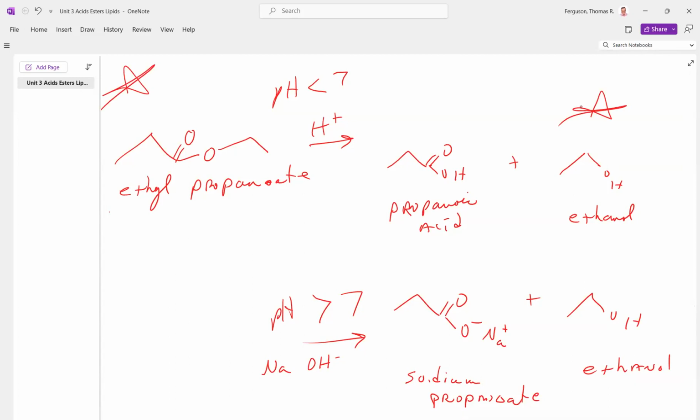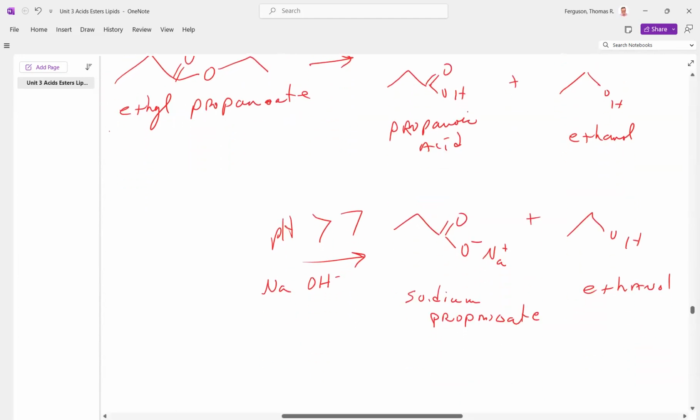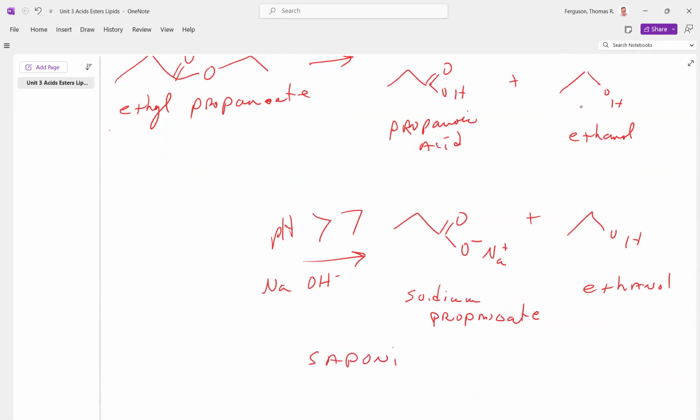And if the original acid was a fatty acid, a big long carbon backbone, we make soap. And this process under alkaline conditions is called saponification. So when you saponify something, one, you need an ester.